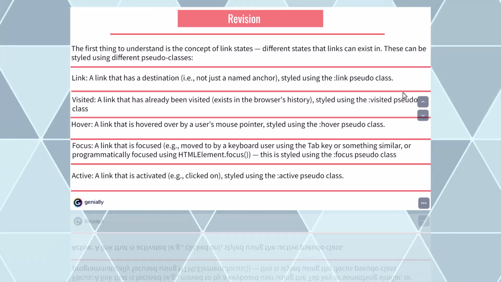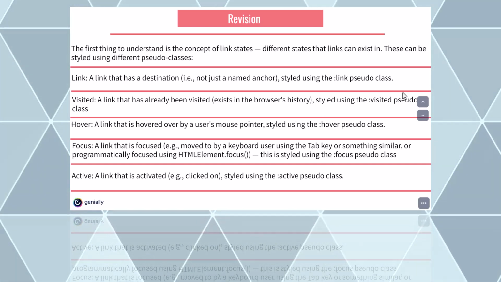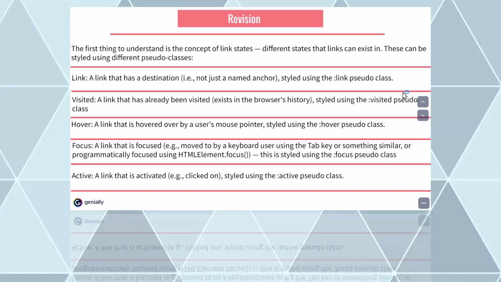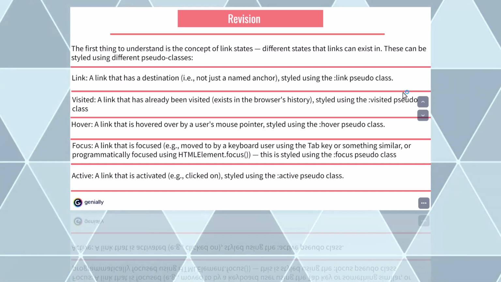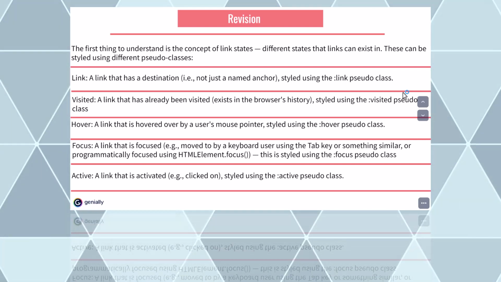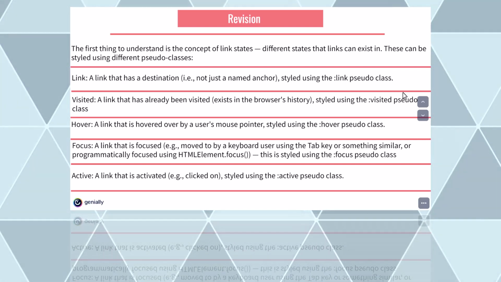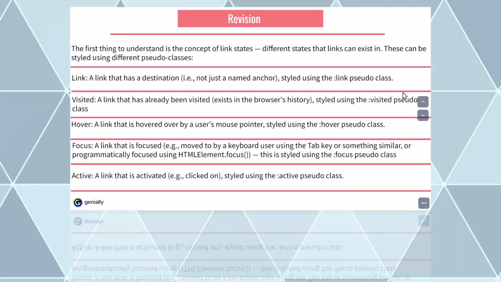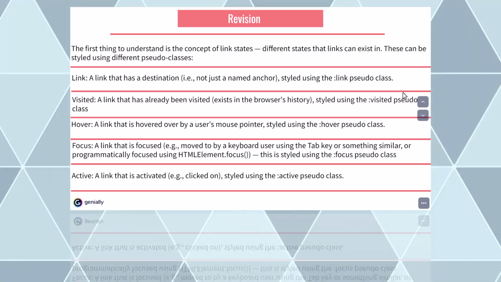Okay. Sister, can you explain link? What do you understand of it? So the link is just the destination, or where it's going, but it shows that the link has not been visited yet. Okay. Cindy.